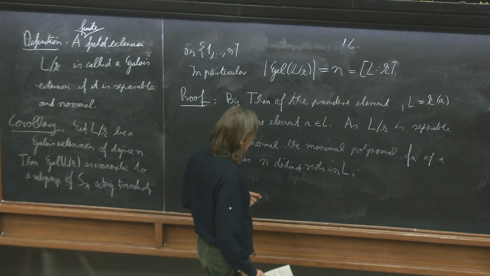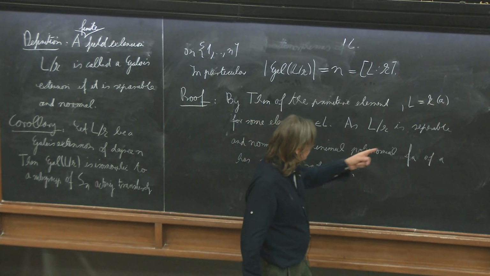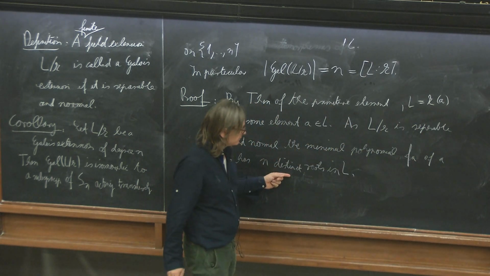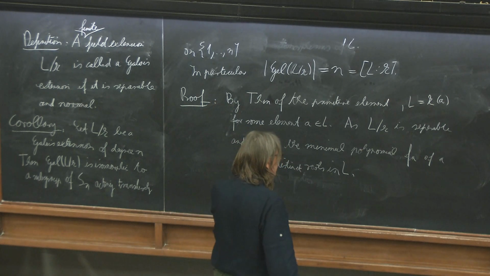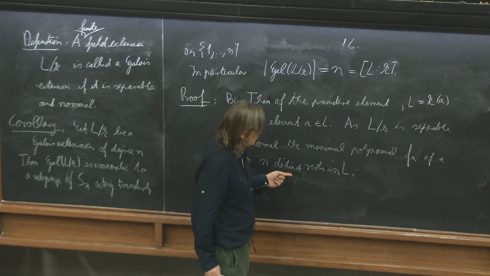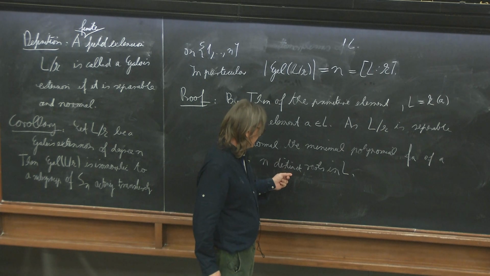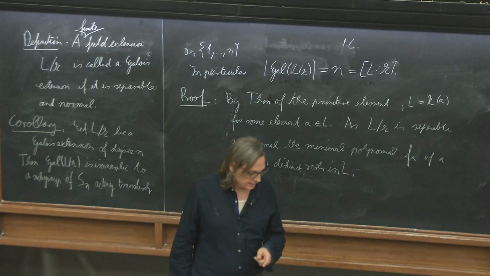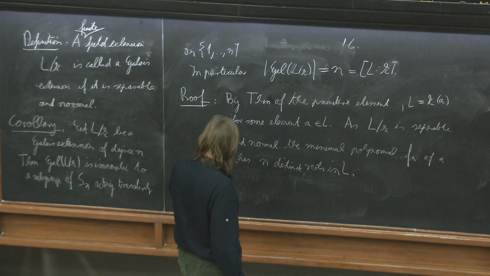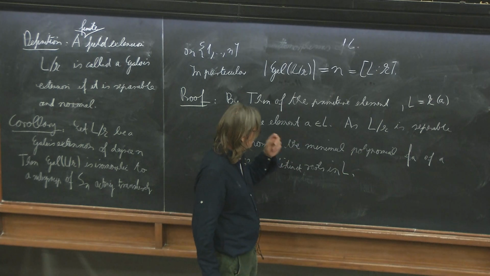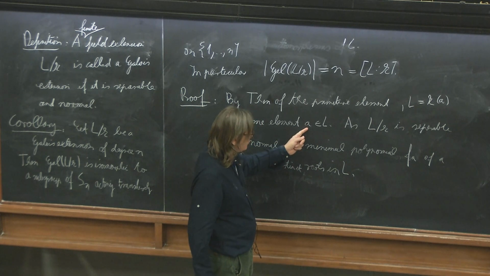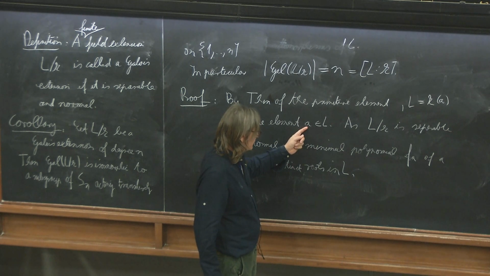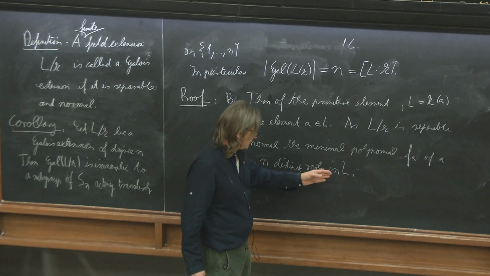As it's separable, we know that the roots are all distinct, so all the roots in the splitting field are distinct. As it's a normal extension, every irreducible polynomial with a root in L already splits in L. In particular, the minimal polynomial of a is such a polynomial, so it already splits into linear factors, and all these linear factors are distinct.